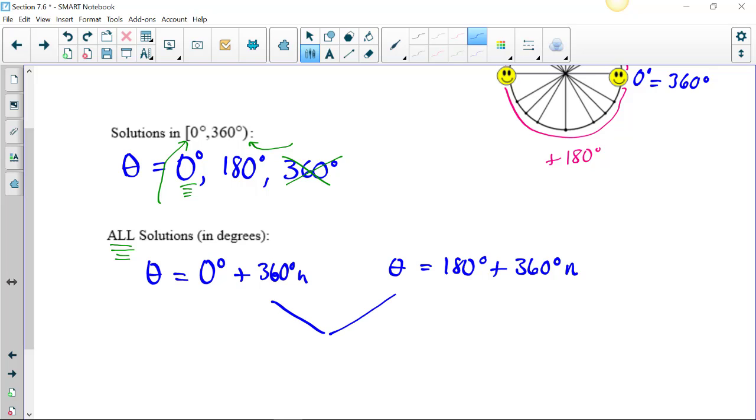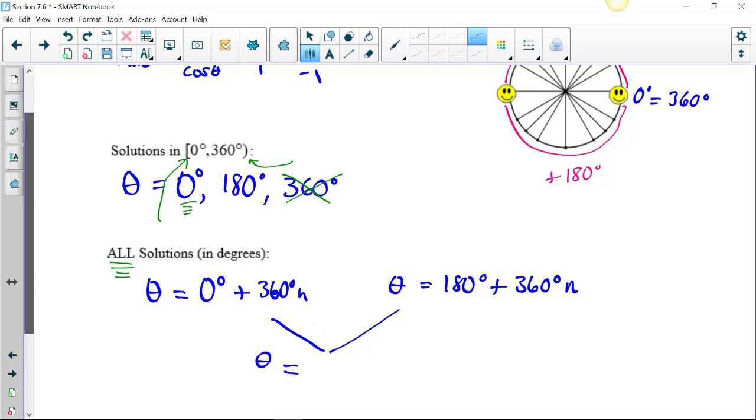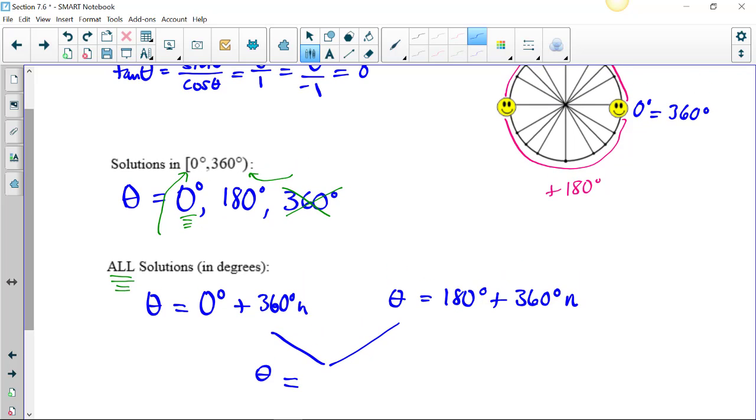So I could combine this into one statement because they are evenly spaced 180 degrees apart. Whereas in my last example, they were not evenly spaced about the unit circle. So here I could say 0 degrees plus 180n, because if I keep adding 180, I get to an angle.